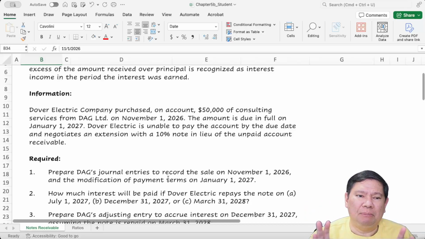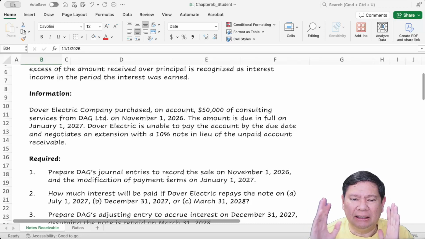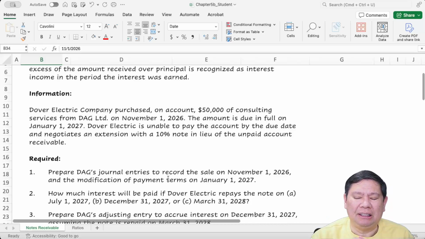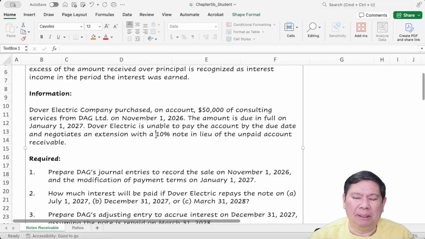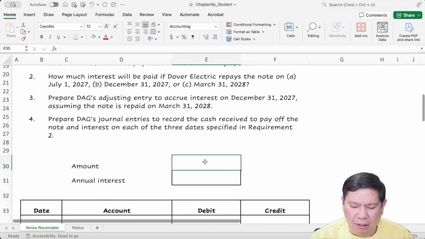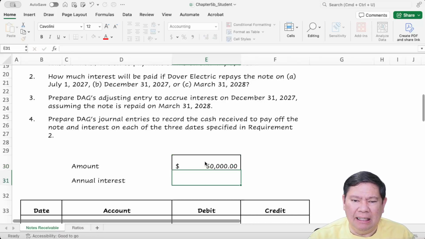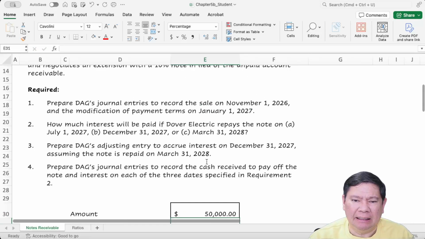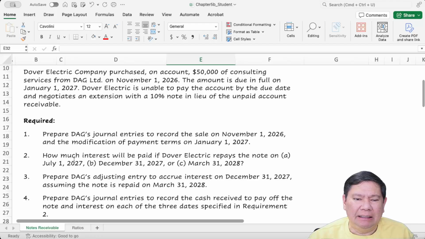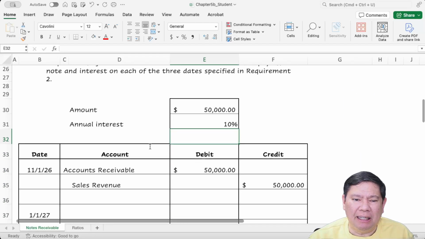With accounts receivable, the customer didn't have to pay interest, but because they couldn't pay us, they changed it to notes receivable. They're going to pay 10% interest. 10% is the annual rate. Okay, so the amount is 50,000 and the annual interest is 10%. Okay, so the next question is how much, and then journal entry for the modification.